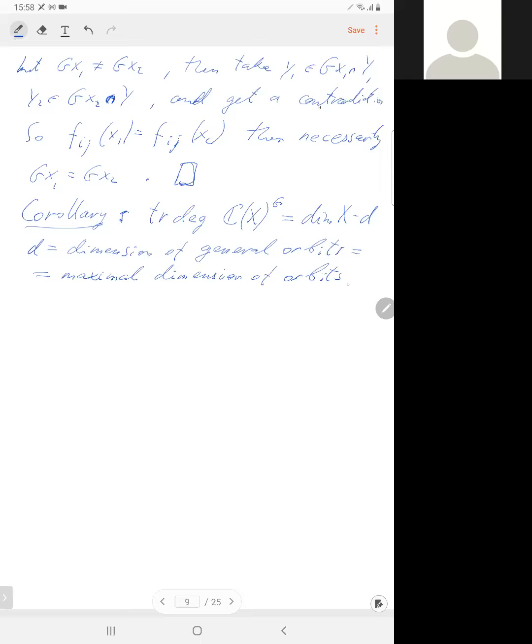Okay, and in particular, if this transcendence degree is 0, then the field of invariant functions is just the complex numbers, and this happens only if X has a, necessarily unique, open dense orbit.